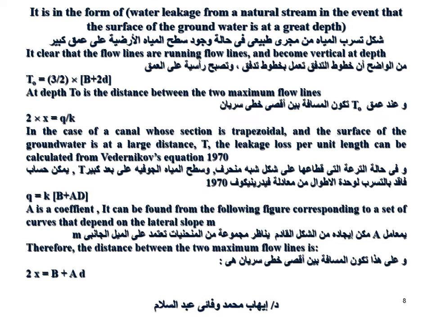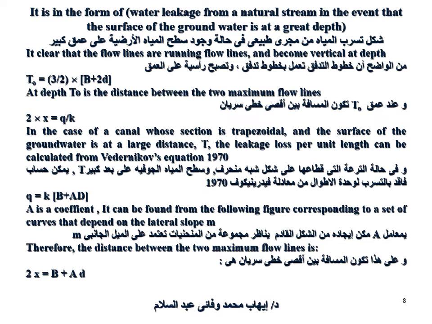In the case of a canal whose section is trapezoidal and the surface of the groundwater is at a large distance T, the leakage loss per unit length can be calculated from the Vedernikov equations, developed in 1970: q equals K multiplied by (B plus AD).